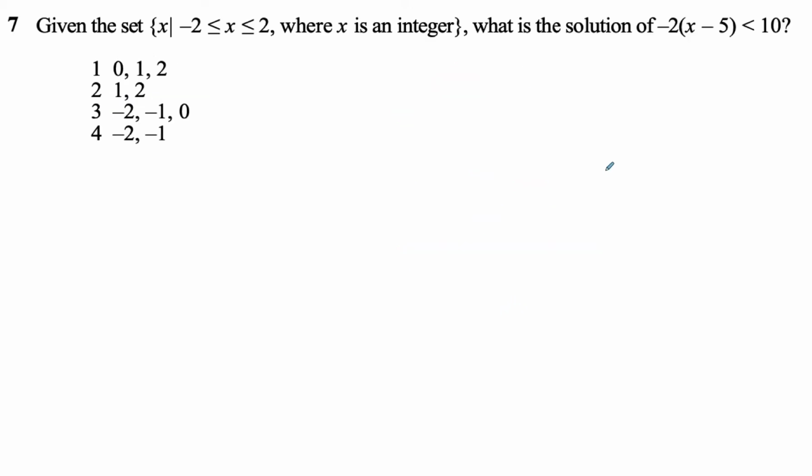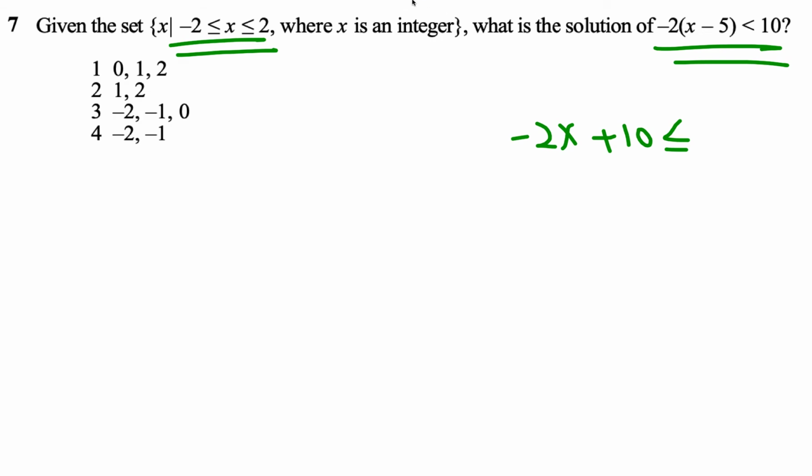Number 7. So this is the inequality, but our answer has to come from here. Then I'm going to distribute negative 2 first, so we get negative 2x plus 10 is less than 10. So I'm going to subtract 10.